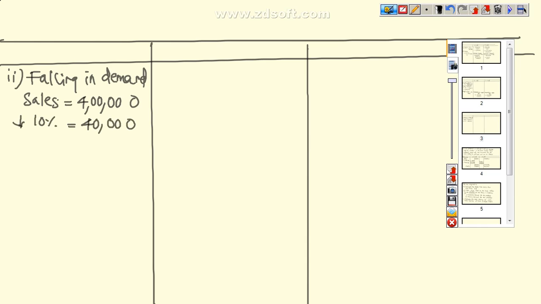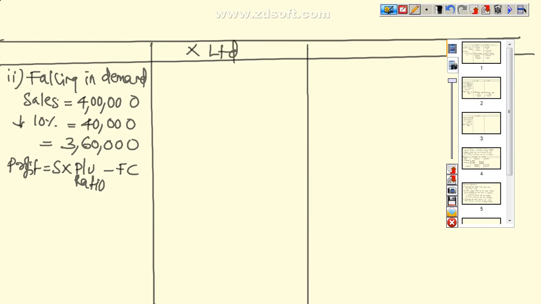So now the sale is equal to 3,60,000. Now profit is equal to sales into PV ratio minus fixed cost for company X Limited and Y Limited.